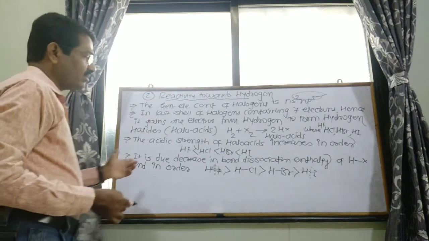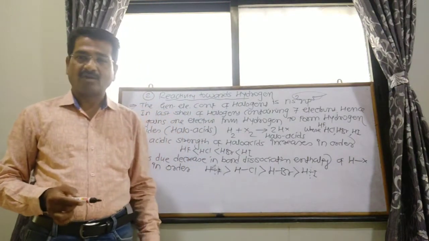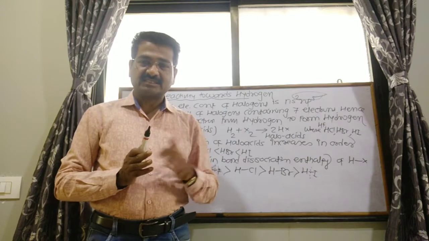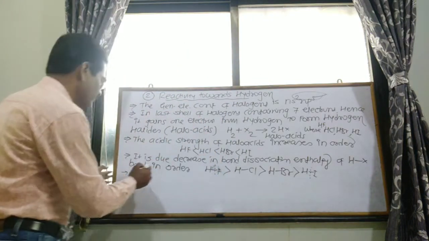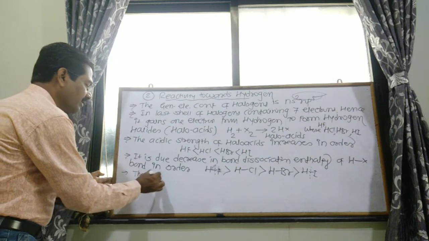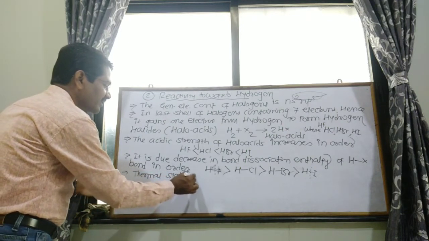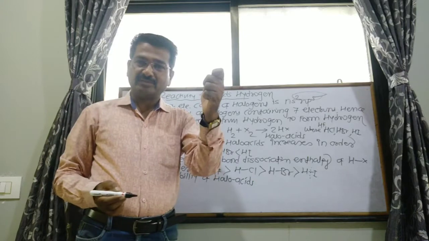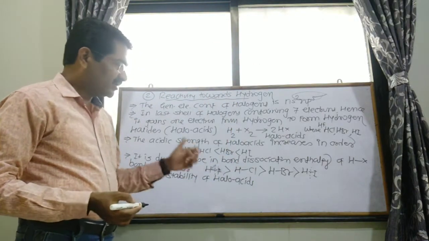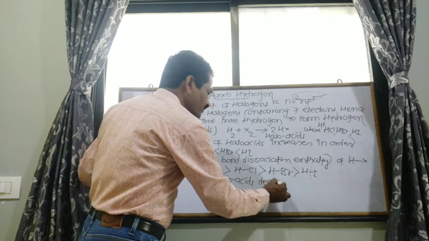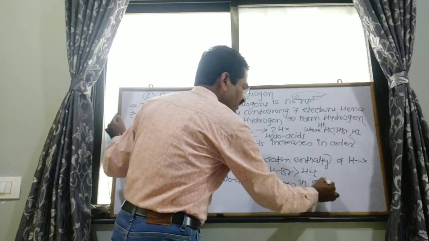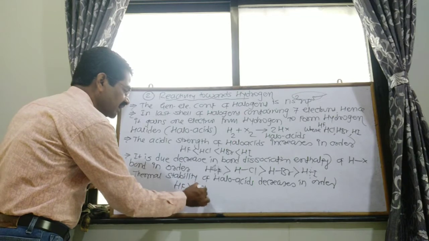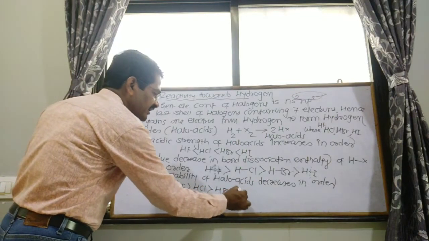Then next, after the acidic strength of haloacids, what about the thermal stability of these haloacids? The thermal stability of haloacids decreases. Thermal stability means the temperature required. The thermal stability of haloacids decreases in the order HF, then HCl, then HBr and HI.